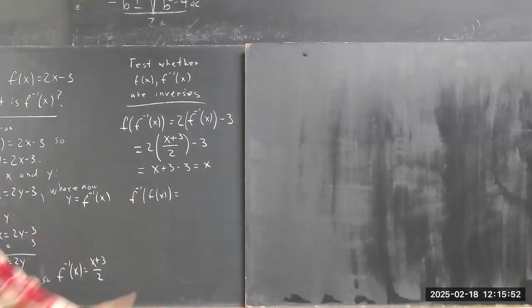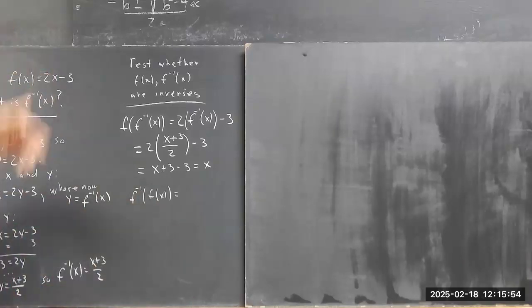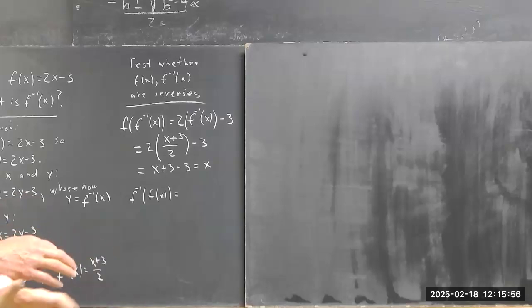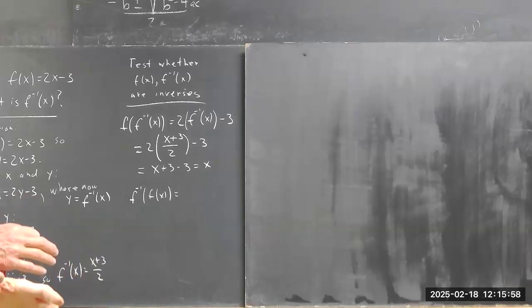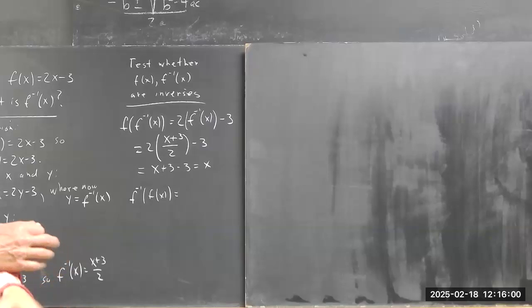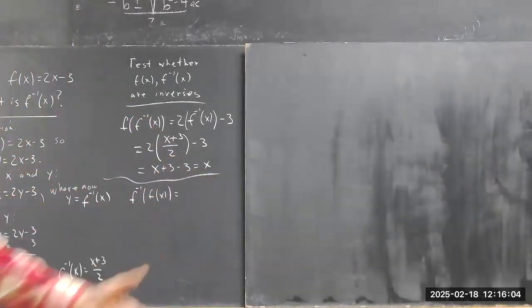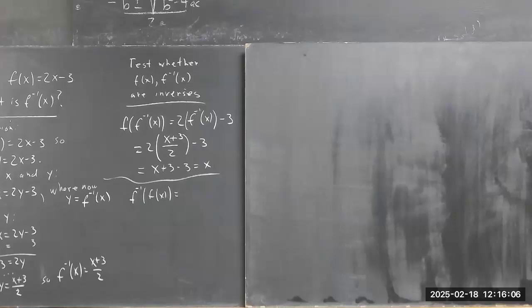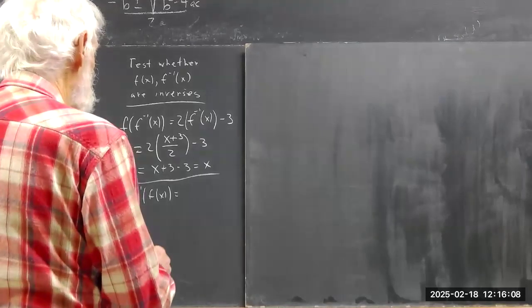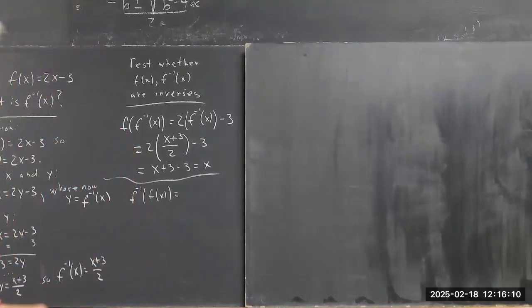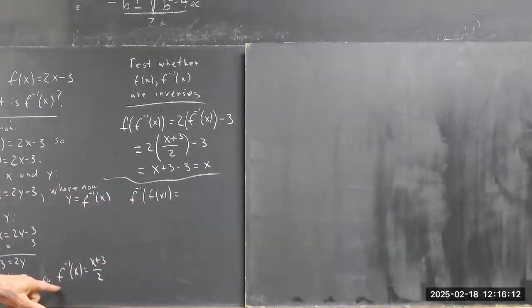It gives you a value, and you put that into the original function, and it undoes what the inverse function did. It gives you back x. Now f inverse of f of x. Here's your f in.